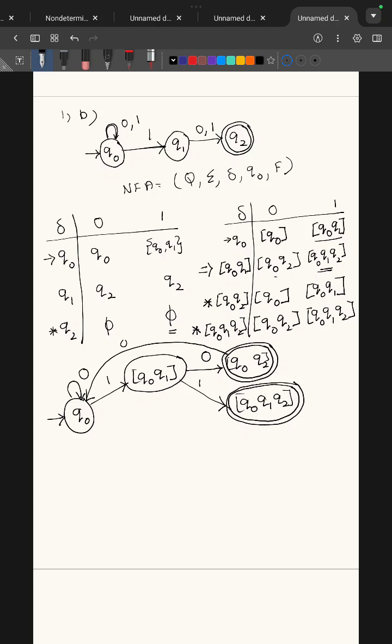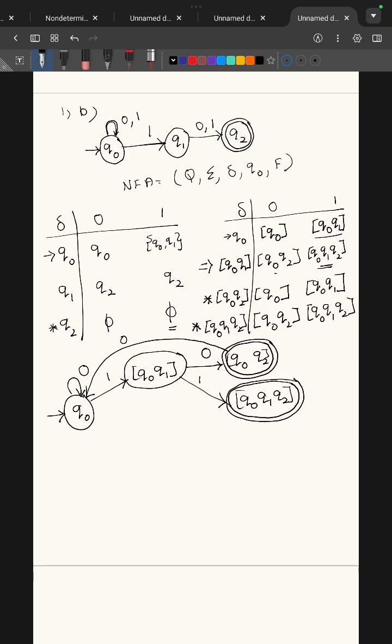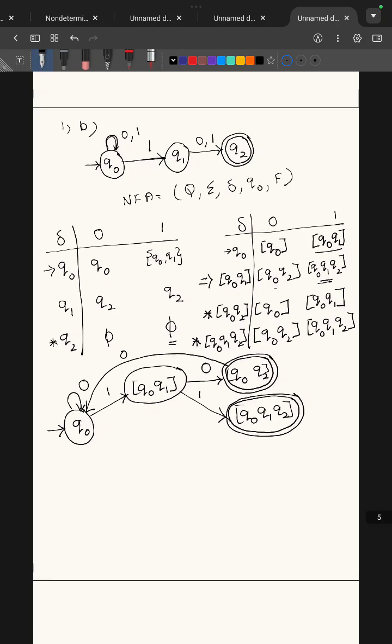Q0 Q2 on 1 is going back to Q0 Q1; I'll just draw. Now Q0 Q1 Q2 on 0 is going to Q0 Q2, and on 1 it is a self loop. So this is the DFA. I think I have drawn it in a congested form; you can draw it neatly. Thank you.